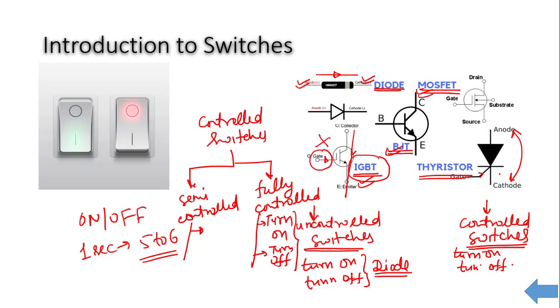You have to turn off a thyristor forcefully by bringing its anode to cathode current below the holding current. We are going to see their operation soon, and we will have a dedicated lecture for each device in time to come. So you could say a thyristor is a semi-controlled device.